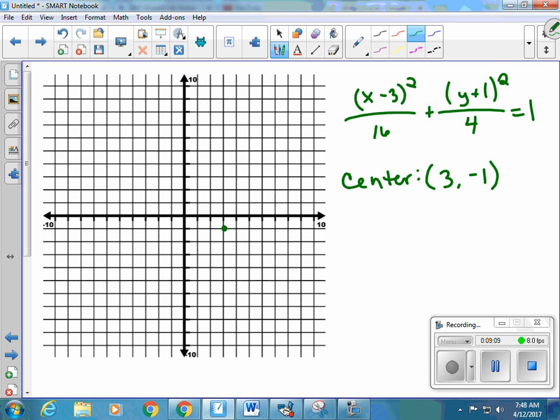I know this isn't actually on the graph, but I want to make sure that my graph is actually centered around that. My major is on the x. So I need to take the square root of 16 to give me my A value, and that's going to equal 4, which for the major means I need to go 4 to the right and 4 to the left because it's on the x.